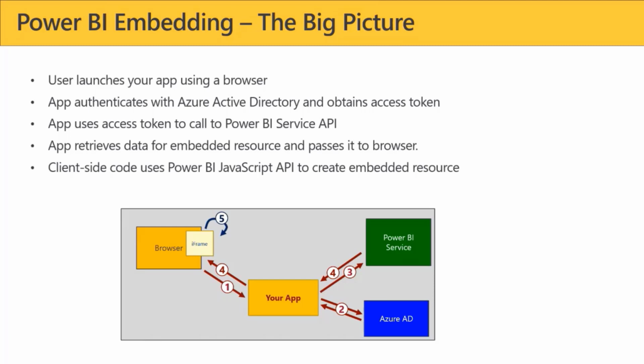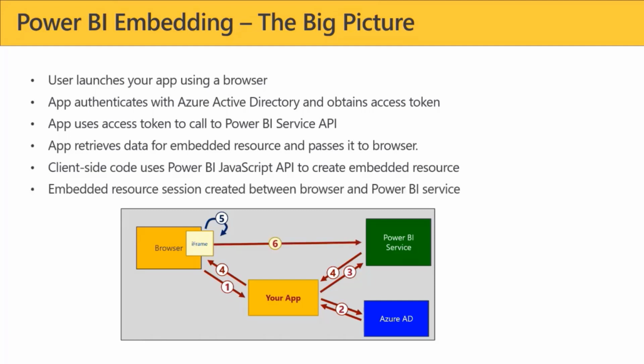And that is we use the Power BI JavaScript API. The idea of this is that you have some div in the HTML page, and this library allows you to point to that div and call a bunch of methods. Behind the scenes, it does the magic to create an iframe. And with that iframe, it points the source back to the Power BI service.